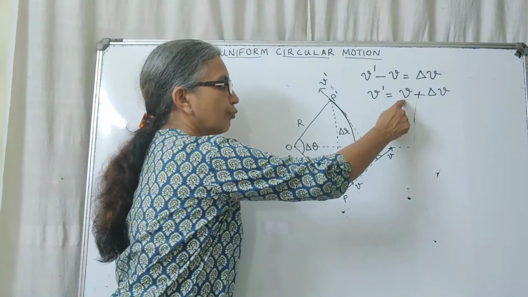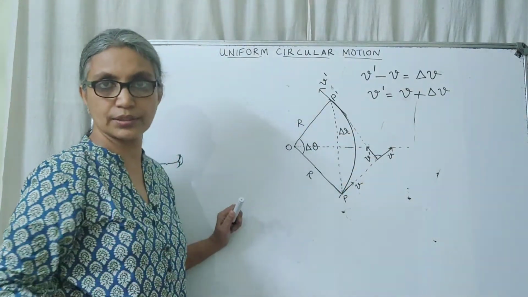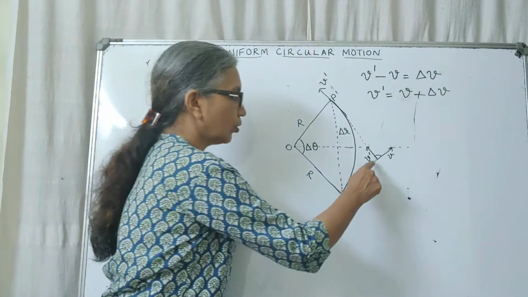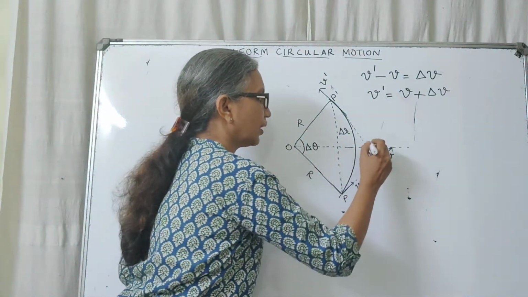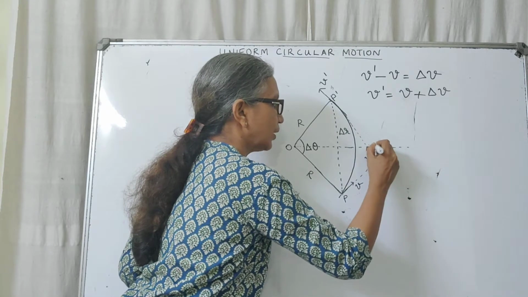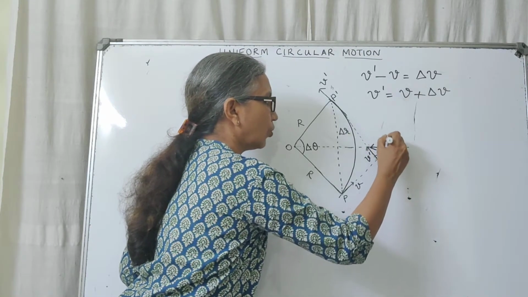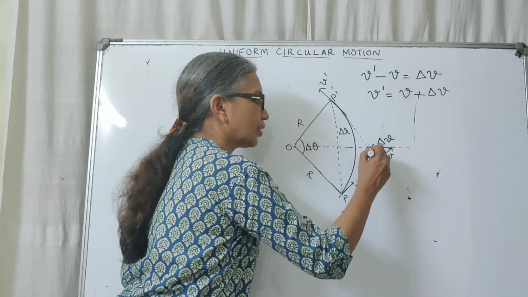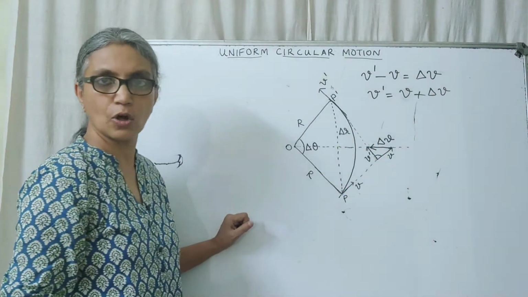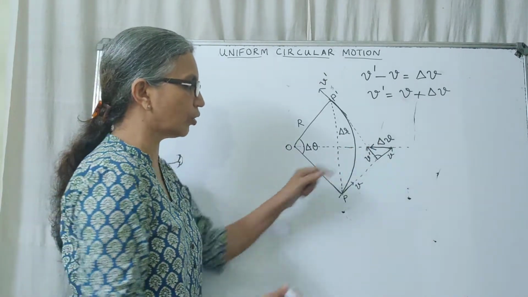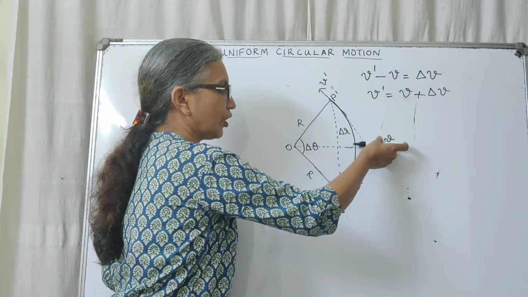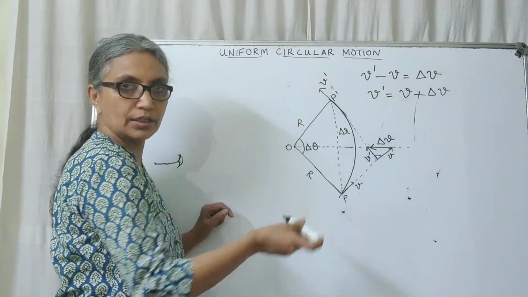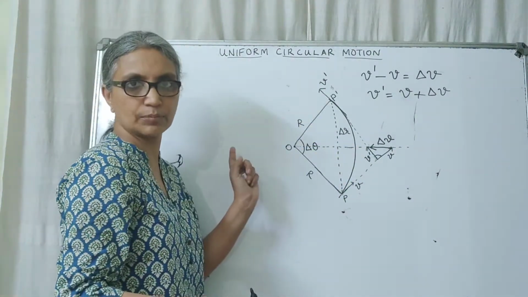So if v and delta v are the two vectors to be added, they should be taken in the same order. So v plus delta v must be given in this direction. Only then will the two vectors v and delta v give the resultant v dash taken in the opposite order. From this we know that the direction of change in velocity is towards the center of that circle described by the particle in circular motion.